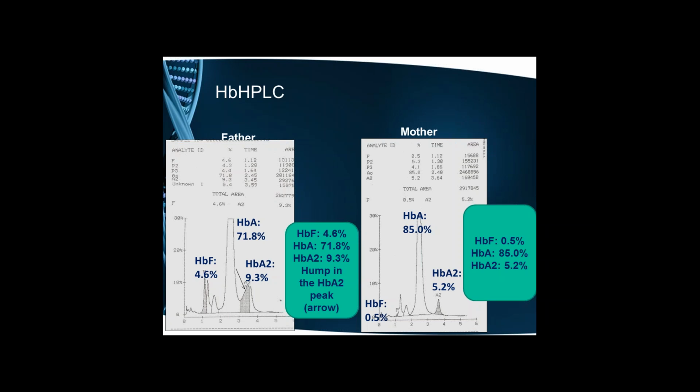The father has an HbA2 at a level of 9. The mother has an HbA2 of 5.2, so the mother is clearly a beta thalassemia trait, with 5.2 HbA2 along with a microcytic hypochromic picture. What about the father? He had a normocytic normochromic picture and an elevated A2 of around 9%. Here we can see a hump just near the peak of the A2.